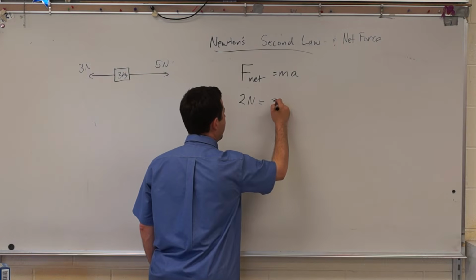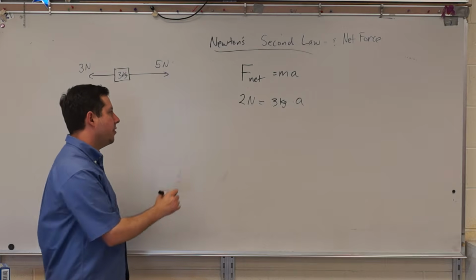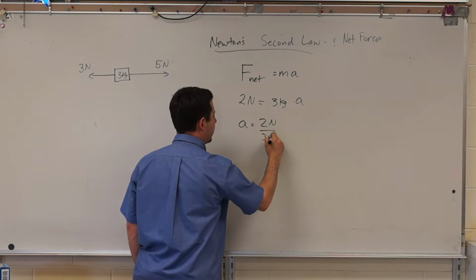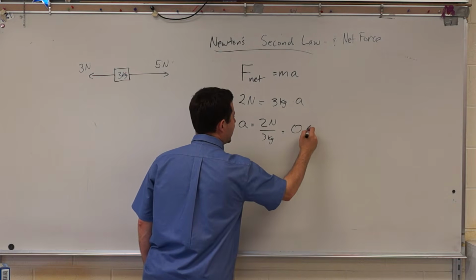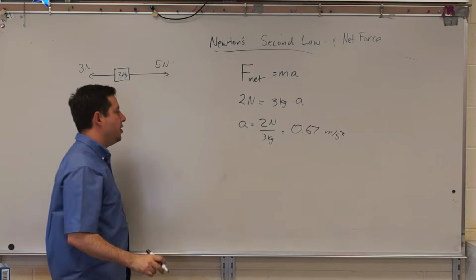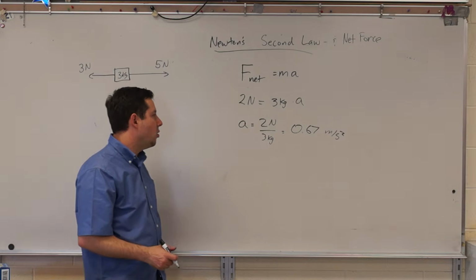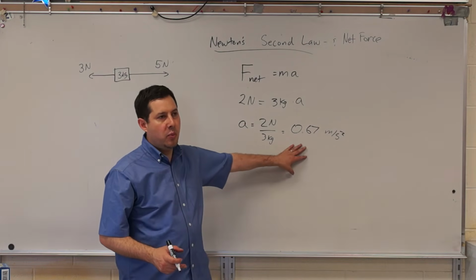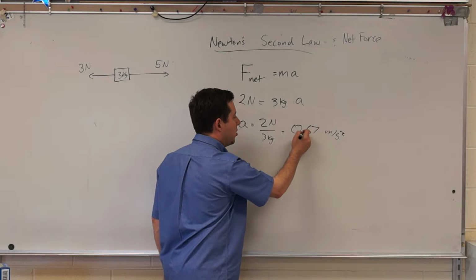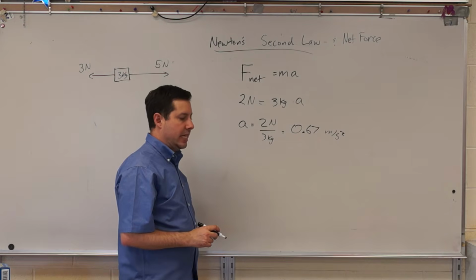It's a 3 kilogram object, and I could solve for acceleration. Acceleration then becomes 2 newtons divided by 3 kilograms, which is 0.67 meters per second squared. Now remember, newtons can be written in terms of kilogram meters per second squared, so the units, trust me, work out on this. I encourage you to do this on your own if you're not completely sure. But if you remember accelerations in meters per second squared, it makes everything easier.